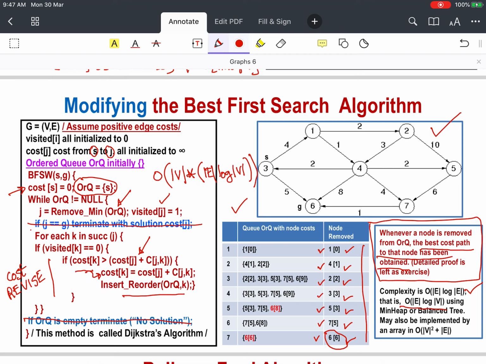So we get an order V into E log V algorithm by two simple modifications. Because of the unique property, we remove these two steps and then we run it for every start node. So modifying the best first search algorithm for positive edge costs also gives us a new algorithm for all pair shortest path.